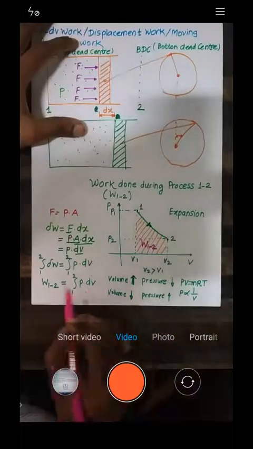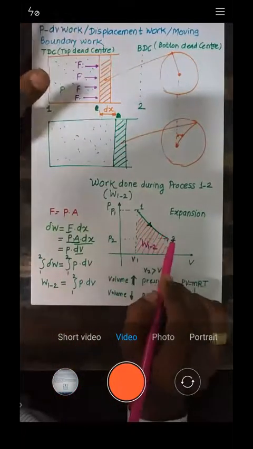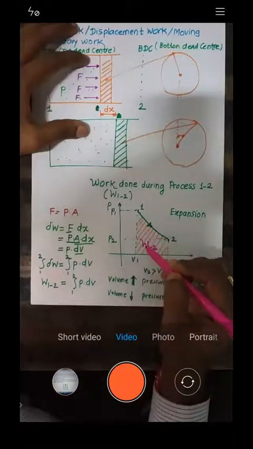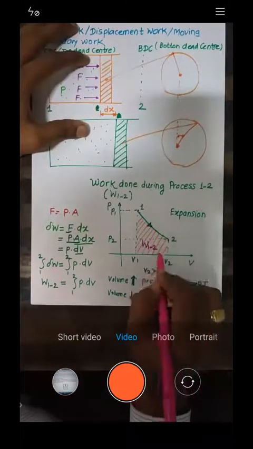So this is how you can calculate W12 by formula. If you need to calculate it graphically, just calculate the area below the process 1-2. Area below the process will give rise to work done.